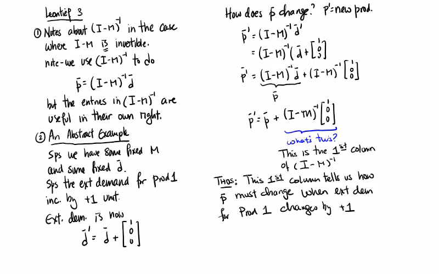I want to circle a couple of 1s here. The first column tells us how P must change when the external demand for product 1 changes by +1 unit.